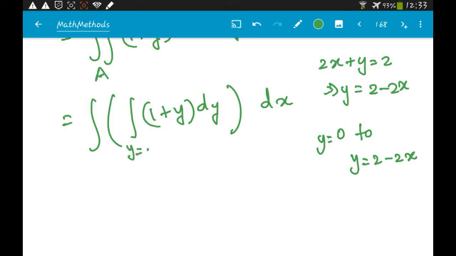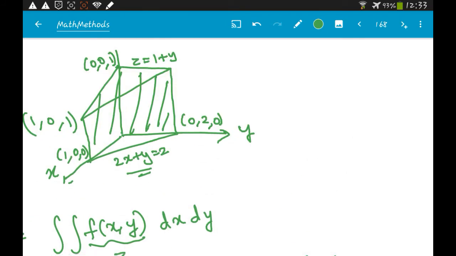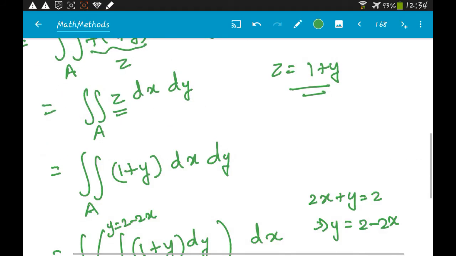And what does x go from? x goes from 1 to 0, right?